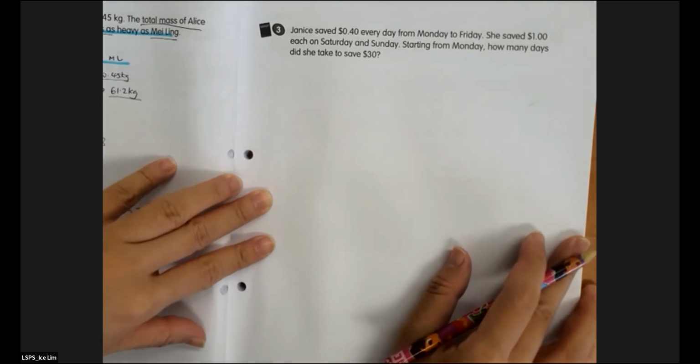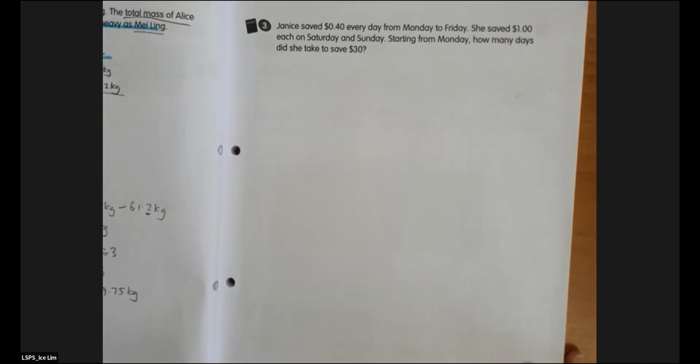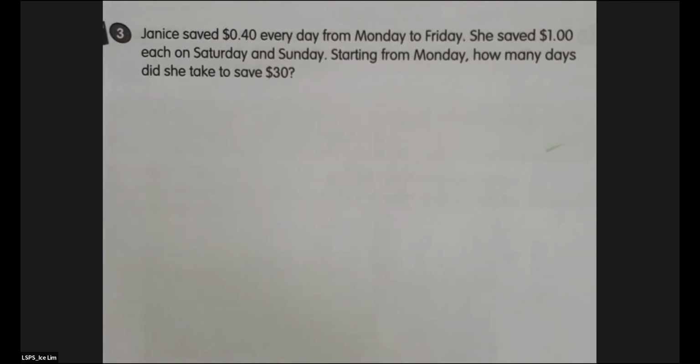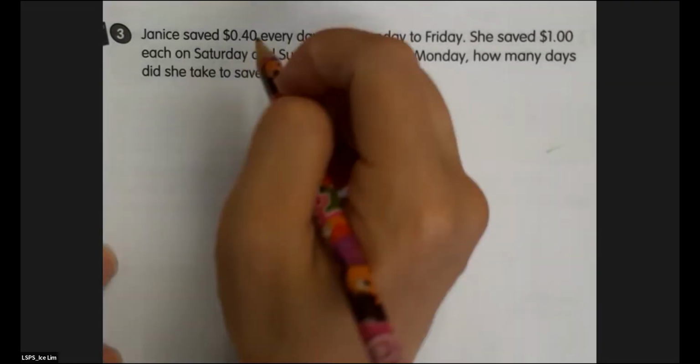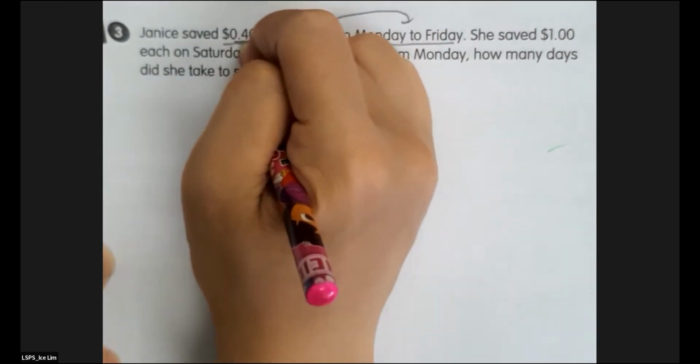All right. Are we okay? This is page 35, question 3. It's about Janice saving money from Monday to Friday, Saturday, and Sunday. So every day from Monday to Friday is 40 cents.